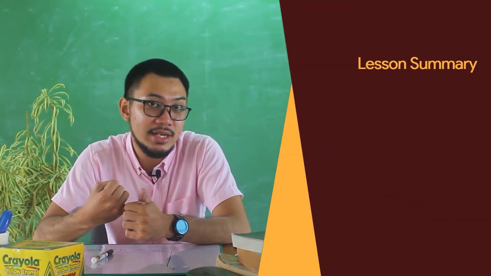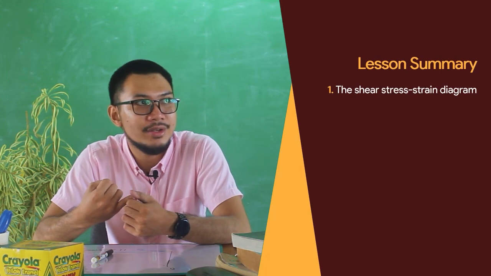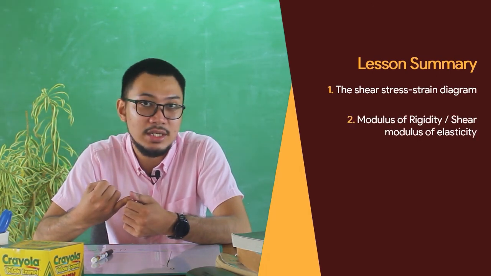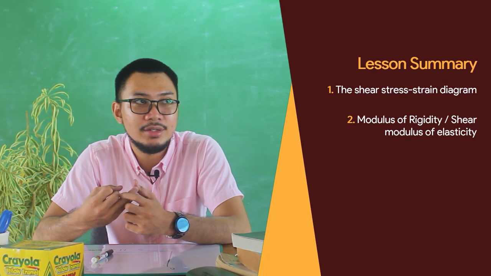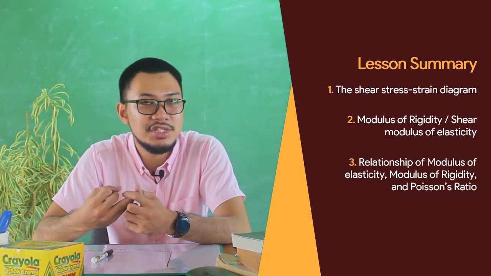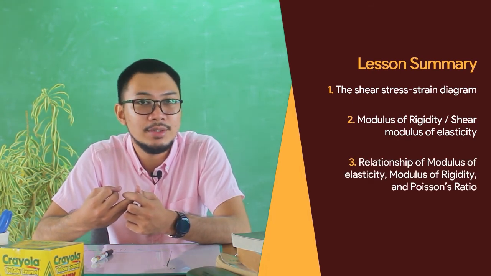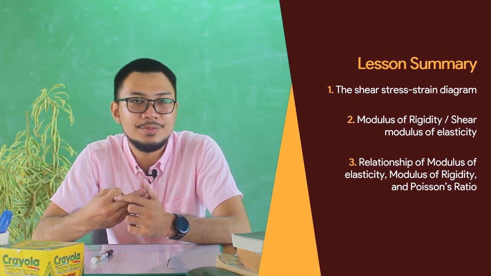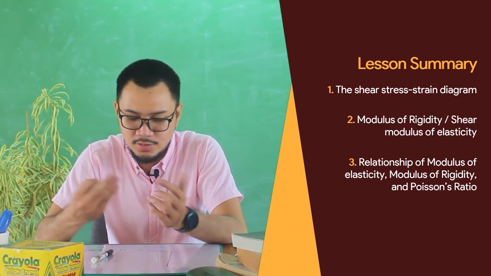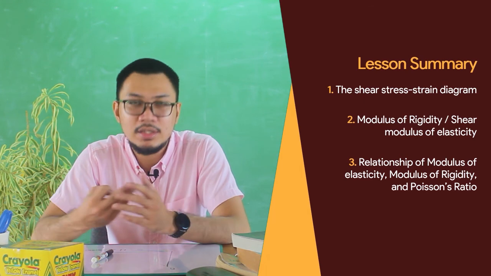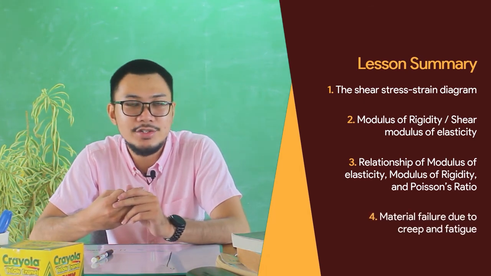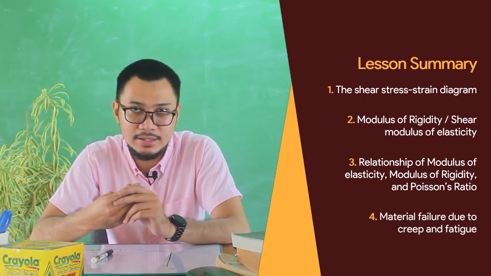Understood? So as a summary for our lesson for today, we have first talked about the shear stress and strain diagram. You have learned the modulus of rigidity. You have learned the relationship of your G, your E, and your nu. You also have learned the concept of creep, failure due to creep, and failure due to fatigue.